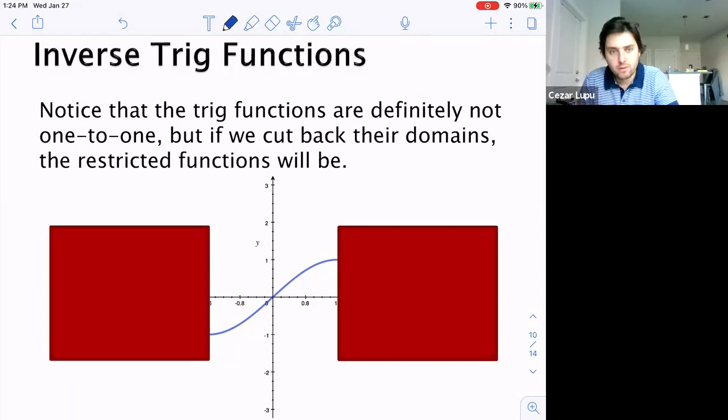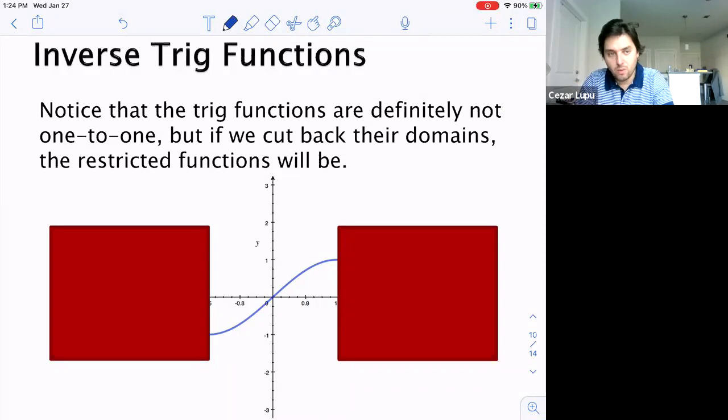In other words, you can expect the same thing to happen for the trigonometric functions. So if you define sine on the entire real line, you will see that you cannot quite find the inverse. But if you restrict it to some domain, just like we did for f of x equals x squared, maybe you will prove that it is one-to-one, and therefore you can find the inverse.